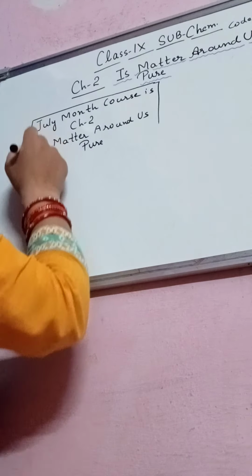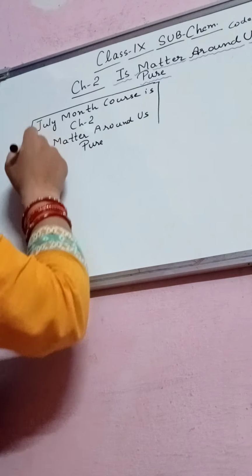Now, pure substances are again classified into two types, that is elements and compounds. Elements contain a single substance.